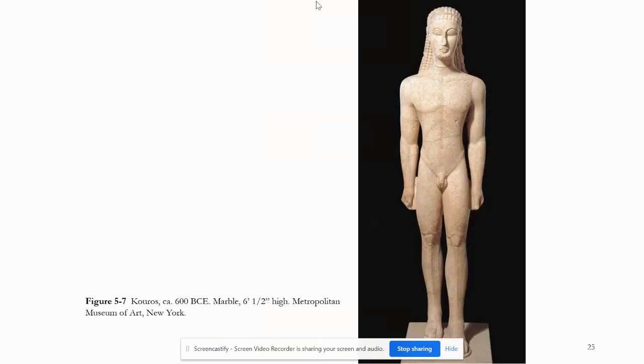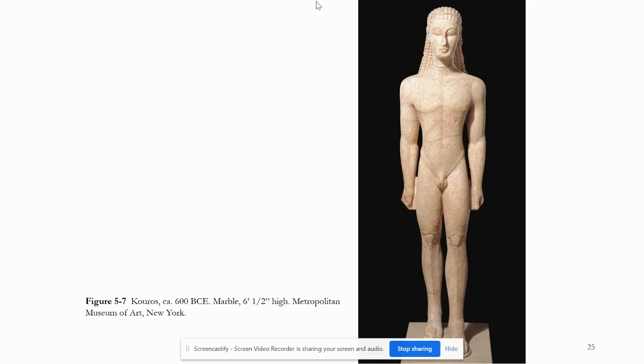Now, this is a piece of archaic art. This looks very similar to ancient Egyptian sculpture that you probably saw in your book. And this is a kouros, so this is a sculpture of a young man. Now, the ancient Greeks are going to see the male body as being the ideal, and they are going to celebrate male beauty above everything.